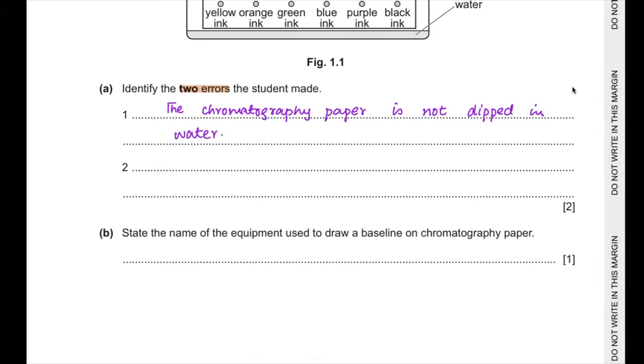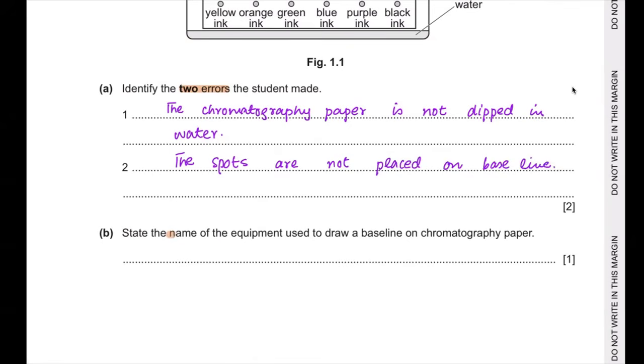And secondly, the spots are not placed on baseline. I hope both the errors are clear to all of you.